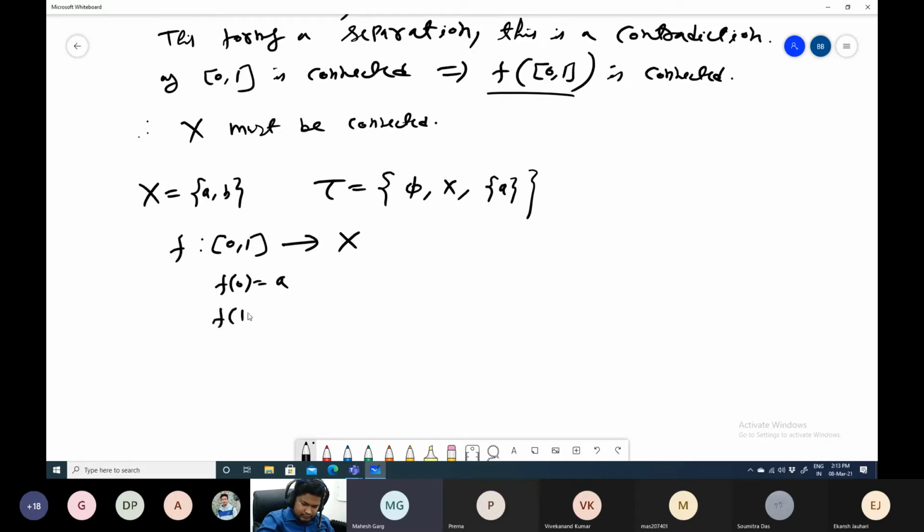Sir, is it a topology? X intersection singleton A will be B now. Is it a topology? No, but what is the problem? Why is that not a topology?